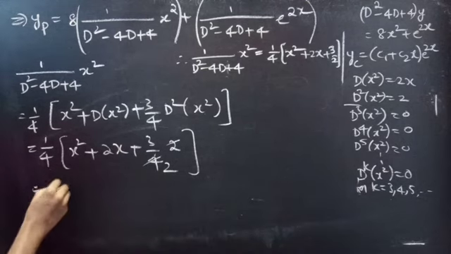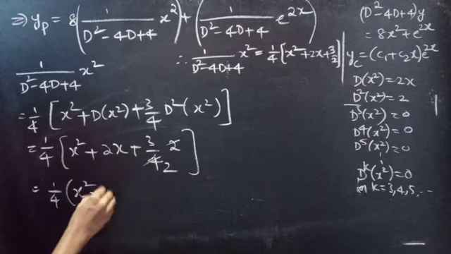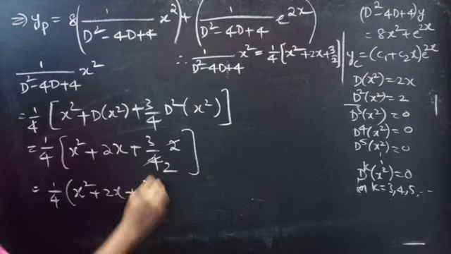So this equals 1 by 4 into x square plus 2x plus 3 by 2. You'll get the same answer.